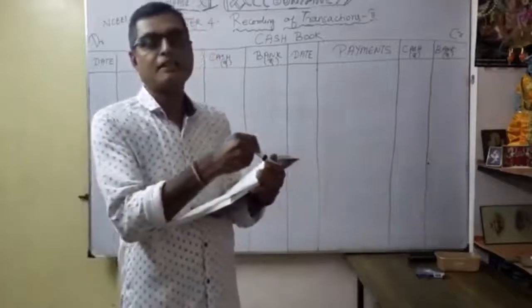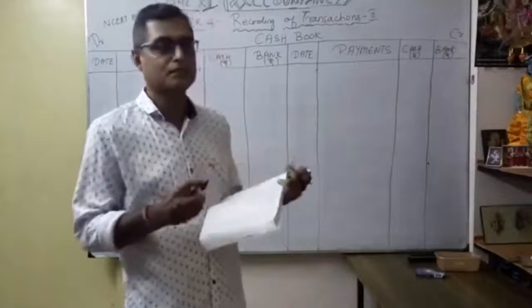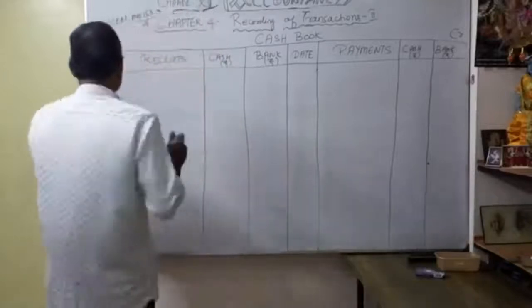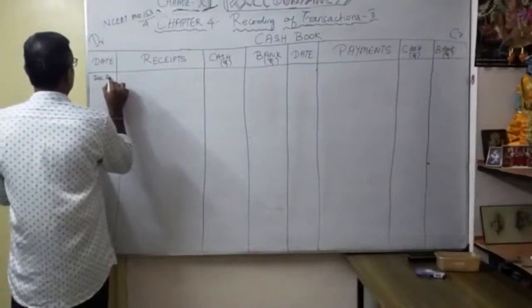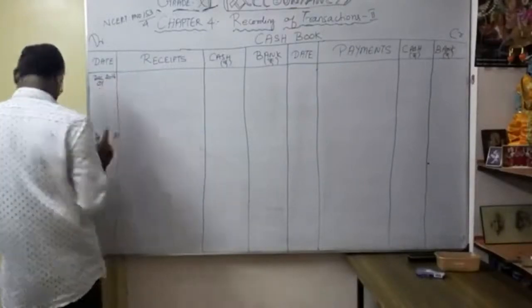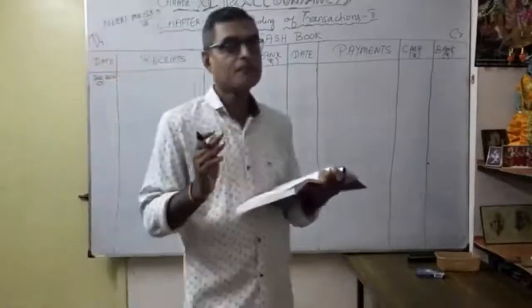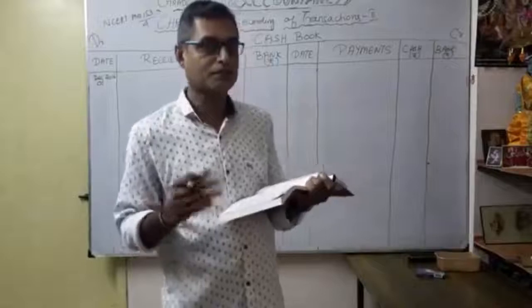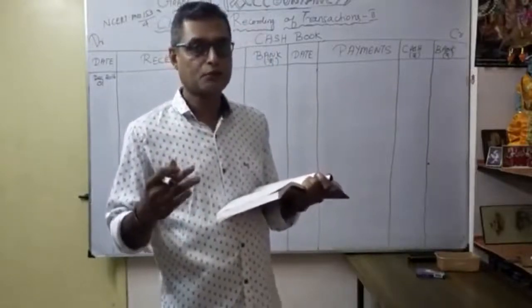What is the journal entry? Cash account debit to capital account, because we start the business. So we are going to write December 2016, exactly December 1, started business with cash. They brought the cash into the business. The journal entry is cash account debit 80,000 to capital account.